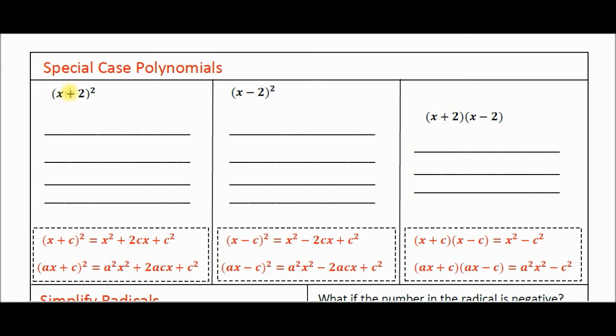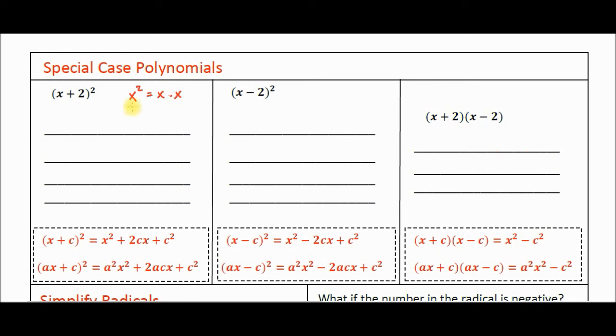Now, this particular expression, x plus 2 quantity squared, is actually two binomials being multiplied together. Remember that if I told you that my expression is x squared, you all know that that just means x times x. This exponent is just like a duplicator.